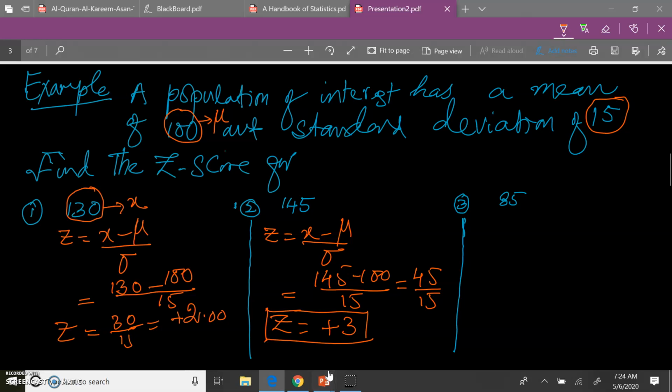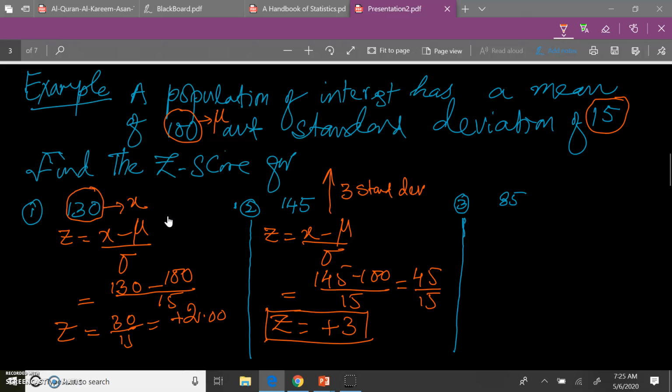The z-score is positive. It means this observation is also above the mean. It's 3 standard deviations above the mean.